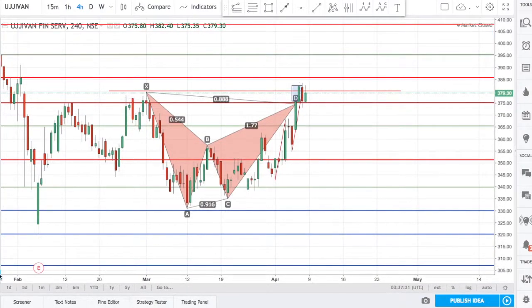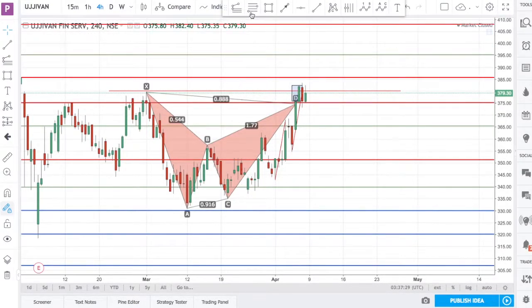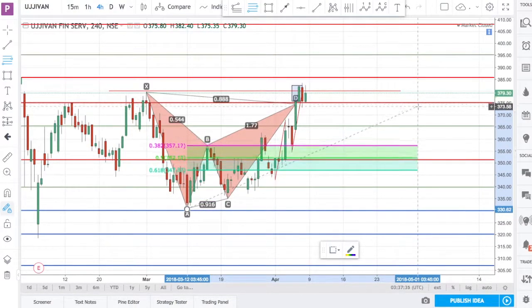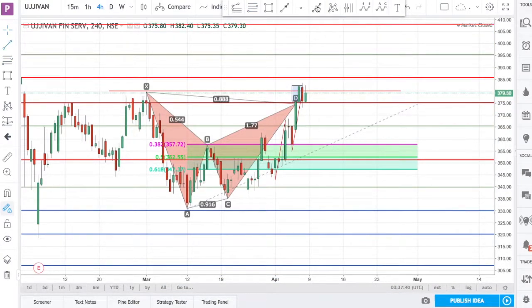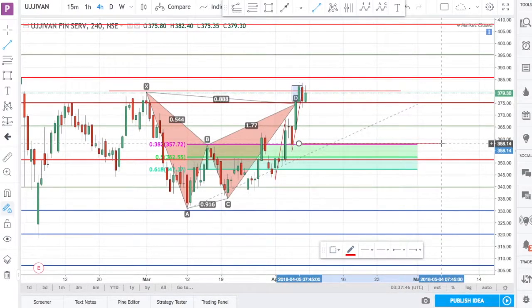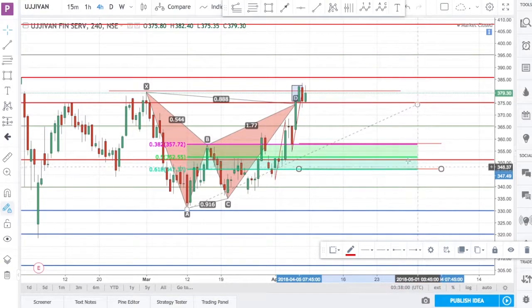Okay, so for that, let's pick our retracement tool from A to D. This is our 0.382, which is our first target, and this is our 0.618, which is our second target.